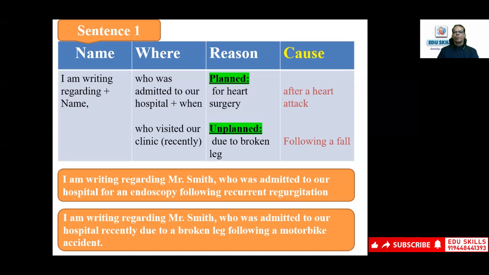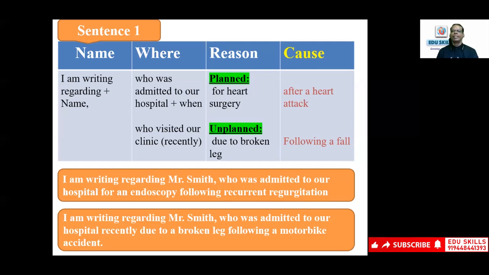Then the reason. When something is planned, like heart surgery, when the medical procedure is planned, "for" is used: for heart surgery. If it is unplanned, due to a broken leg or something of that sort, when it is not planned. And if the cause is given: for heart surgery after a heart attack. And if unplanned: following a fall, maybe a broken leg, following a fall.